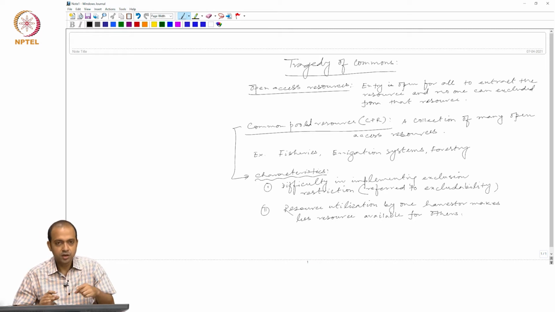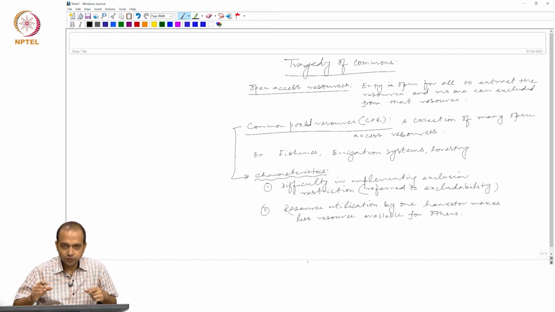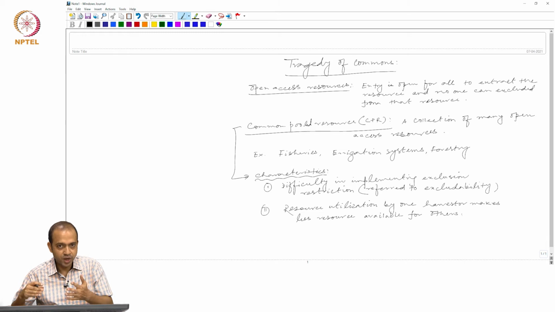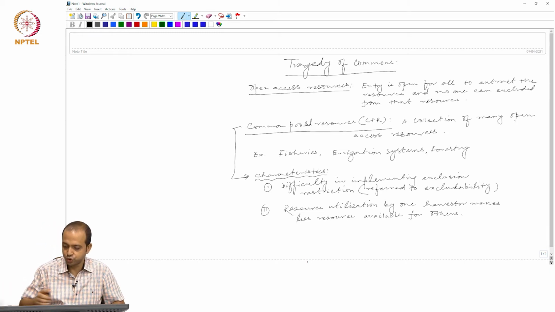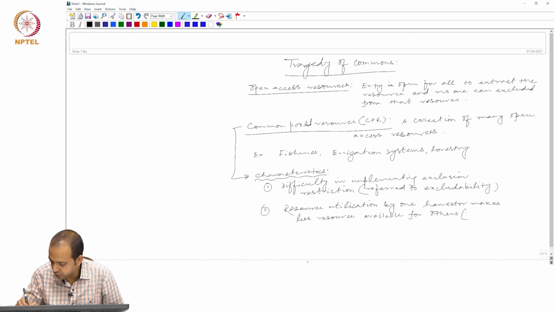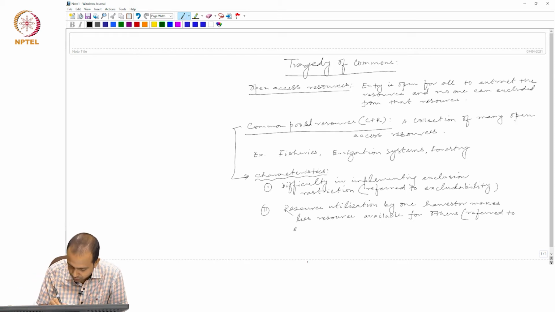But here, if one harvester uses the resource today, it makes a situation where less resource is available for other harvesters tomorrow. This is referred to as subtractability.